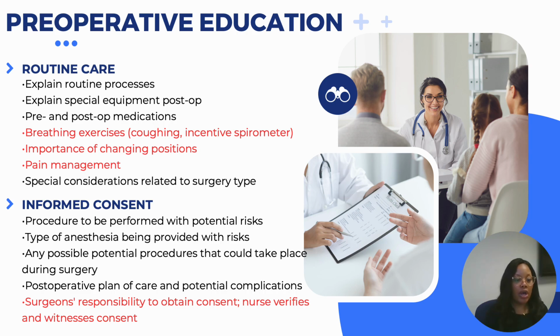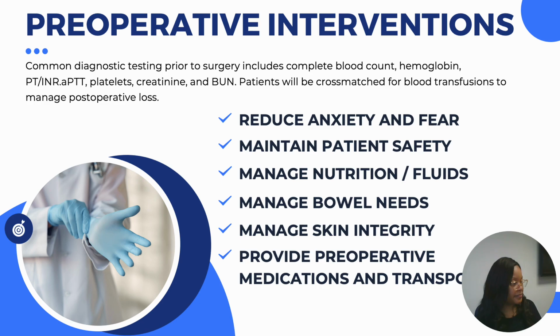All right, so informed consent, I got a little ahead of myself, but remember, it is the surgeon's responsibility to attain consent. The nurse verifies and witnesses the consent only. All right, so interventions. So you want to make sure that all the things on your pre-op checklist are done. We want to have the patient's most recent blood work done, so their CBC, their hemoglobin, and we also want to make sure that they have a blood consent done.